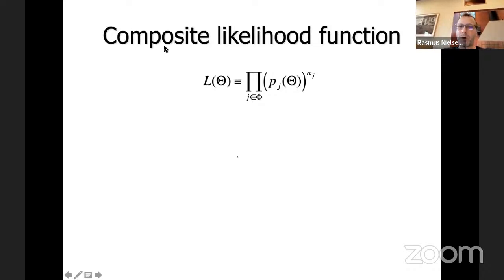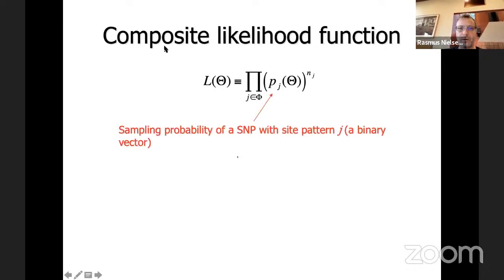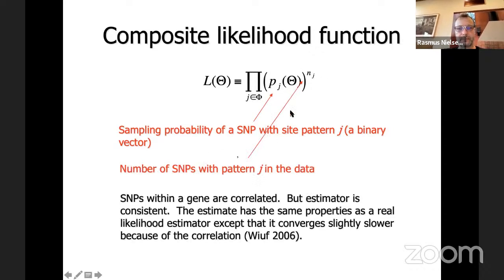That is what's called a composite likelihood function. So again, this is the sampling probability of a SNP with site pattern J, and this is the number of SNPs with site pattern J.